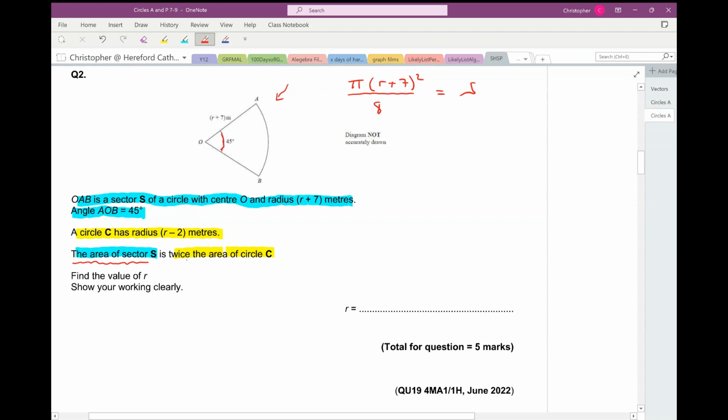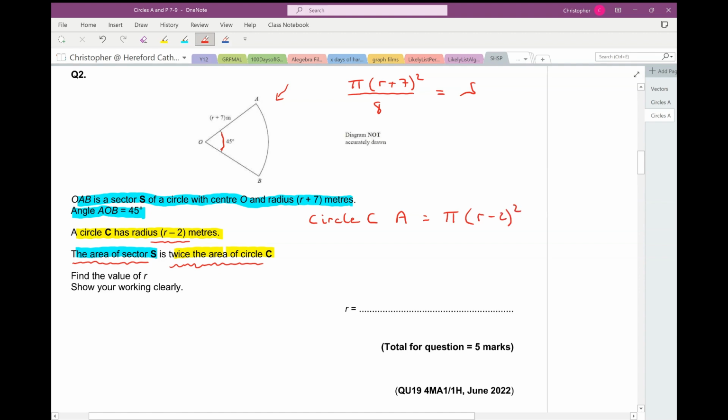Now let's have a look at this one. The area of sector S is twice the area of circle C, so we'd better find the area of circle C. Well, circle C has a radius of r minus 2, so the area of circle C is pi times r minus 2 squared.